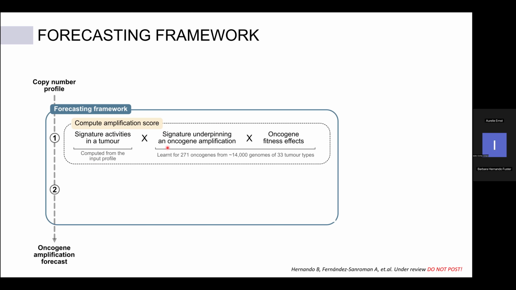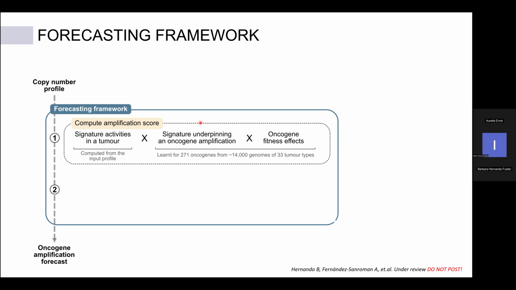So one of the terms is the topological constraints, and for that we compute the signatures that are actually underpinning an oncogene amplification. And we learned that from 271 oncogenes from tumors coming from the TCGA, the PCAWG, and the Hartwig Foundation. And we did that for each one of the tumor types included in those cohorts.